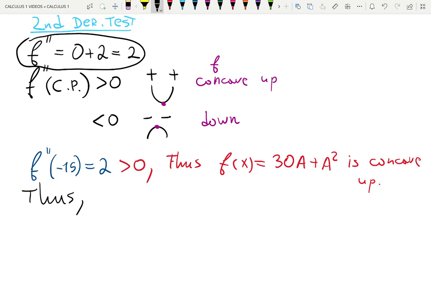Thus, a equals negative 15 is a local minimum. See, it's at the tongue over here. Well, the thing is, it's a local minimum and we want to find the global minimum. How do we know that it is the global minimum out of all the minimums?